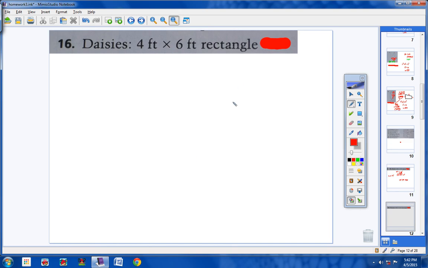Remember, everything is in square inches when it comes to your flowers. So we're going to say we have 48 inches by 72 inches, okay? It's a rectangle, so length times width would give us 3,456 square inches, alright?